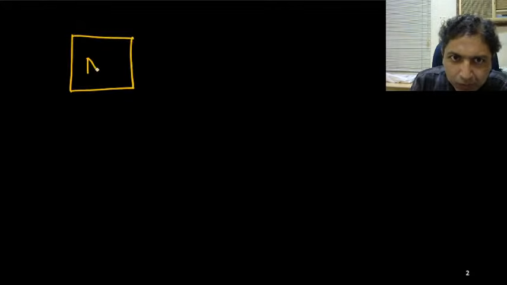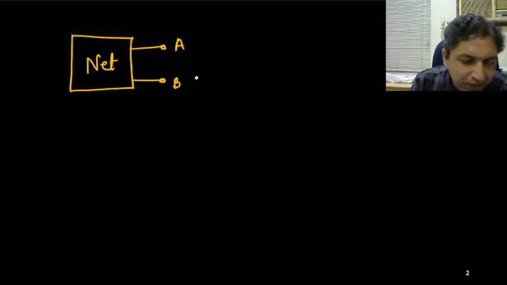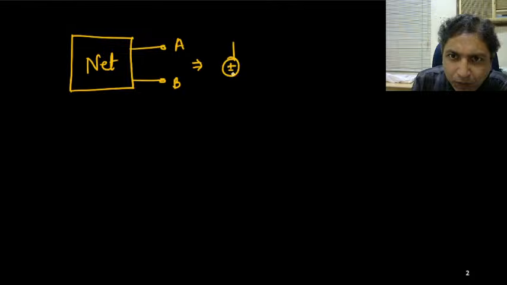So if you have one network, with any terminals A and B, this network can be simplified to one simple Thevenin voltage and one resistance.